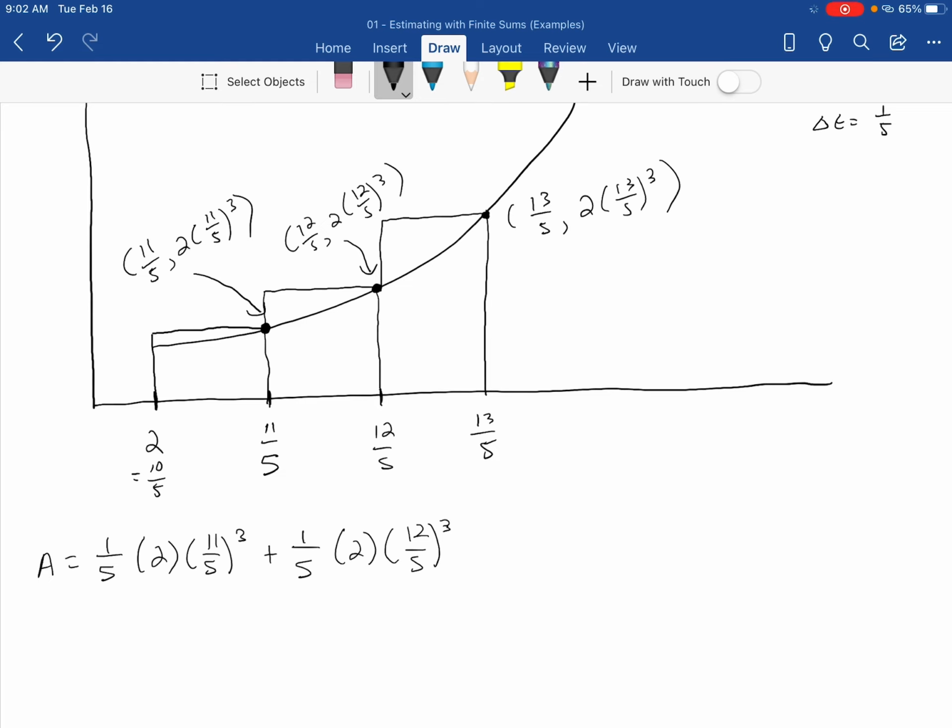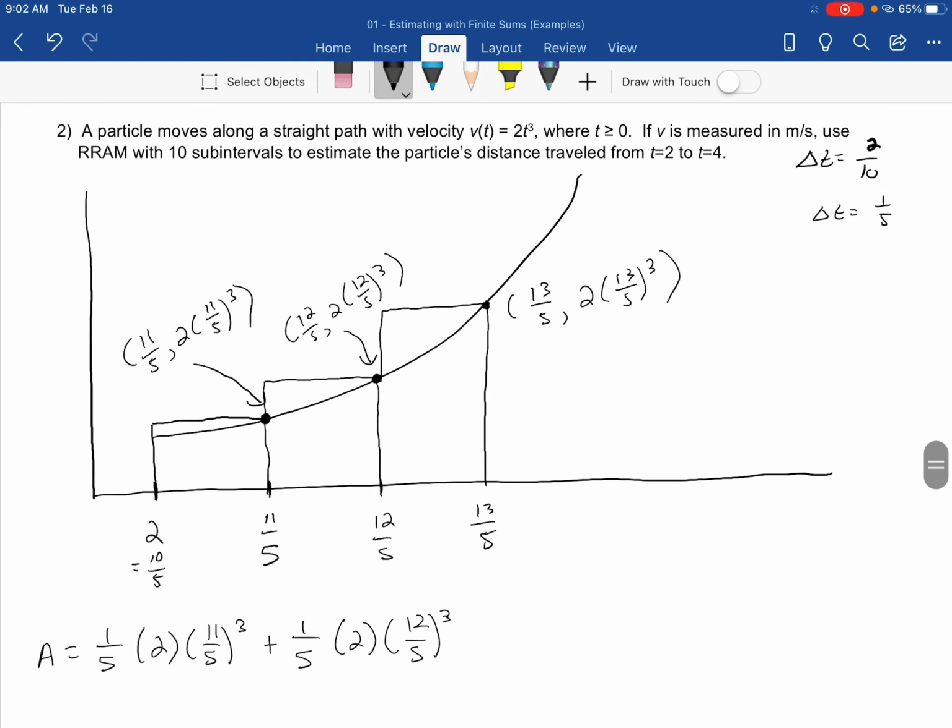And all I've done is taken that 13/5 and put it into the equation for the v value or the y value, whichever way is easier for you to think about. The equation's 2 times t cubed, so I use 2 times 13/5 cubed. So next rectangle, width 1/5, height 2 times 13/5 cubed. And hopefully by that point, you've got enough to do your rectangles. Now, 2 ways to know when to start.